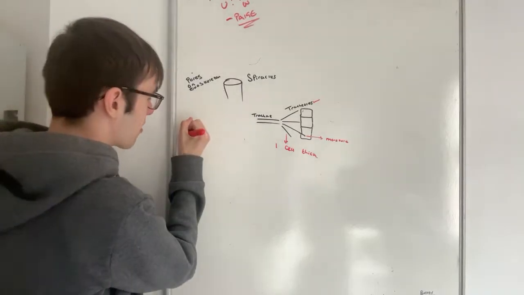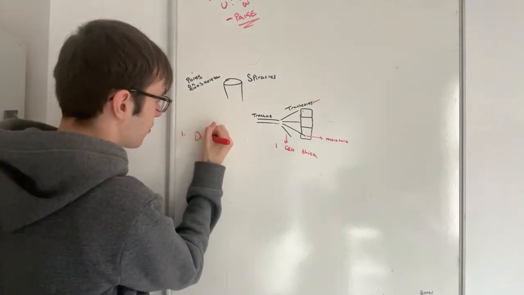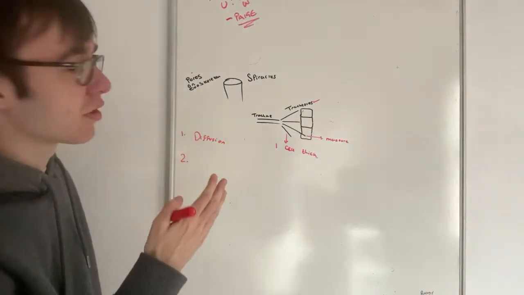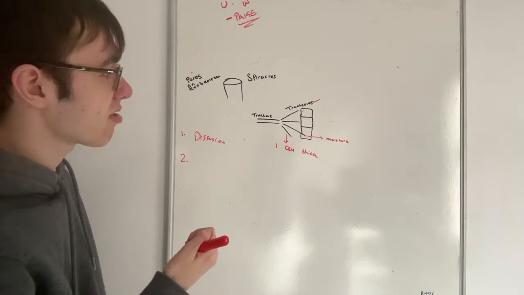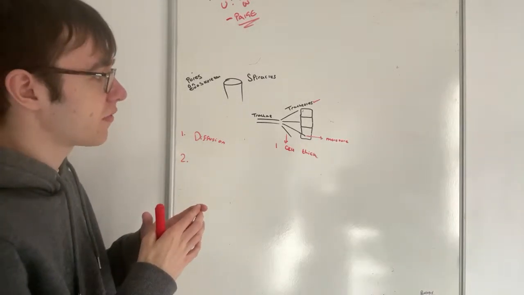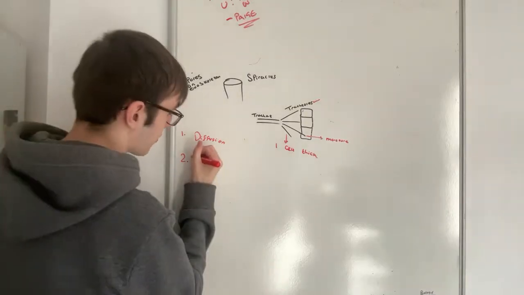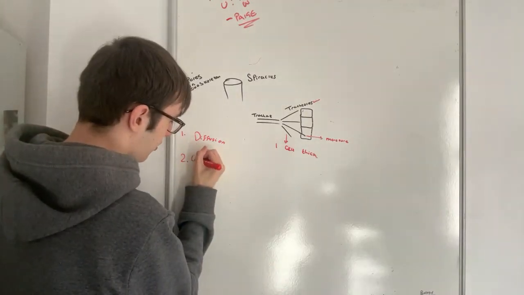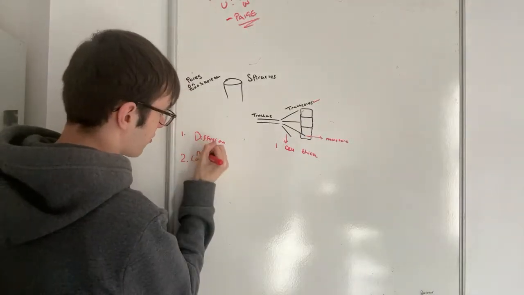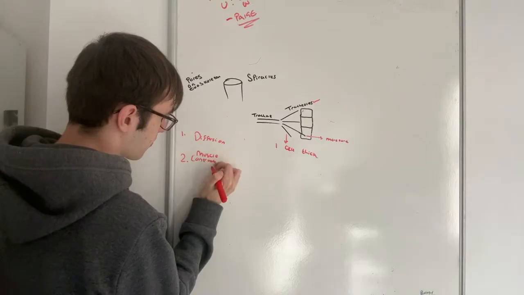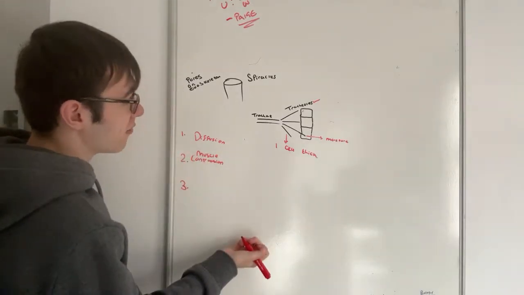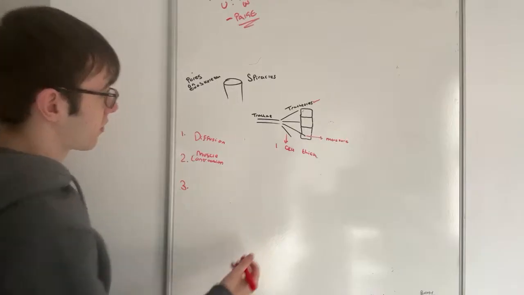The first is like passive, simple diffusion. The second one is where they rapidly contract and relax. And I'm guessing due to the pressure gradient that's established there, it forces in air very quickly. So I'll just put contracting, or muscle contraction. And then the third one, I don't recall the name of at all. I don't recall how it works.